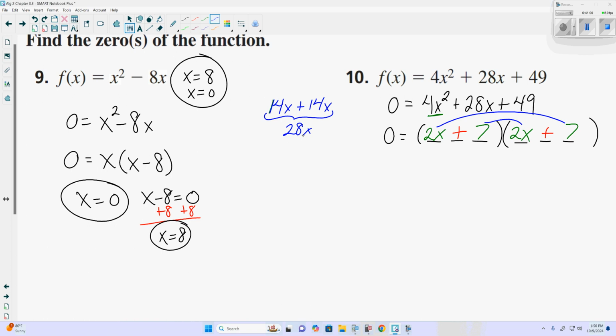And since we have two things that multiply together to equal 0, one of them must be 0. Either 2x plus 7 is equal to 0 or 2x plus 7 is equal to 0.